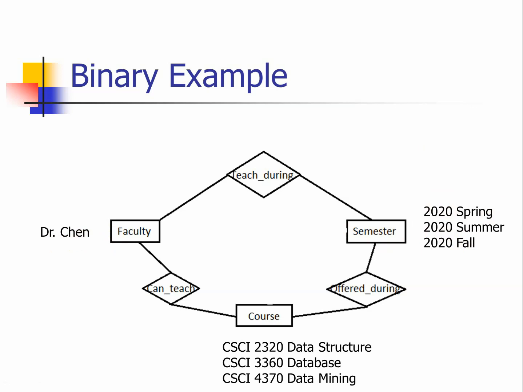Think about this. If I am teaching only 1 course during 1 semester, in this case, I can teach all of these courses, all of these courses are offered during these semesters, and I also teach all of those semesters.